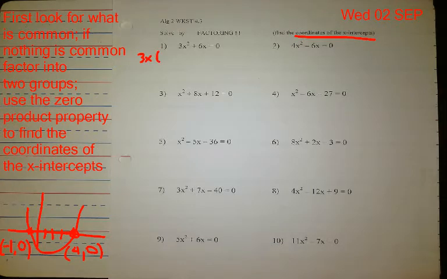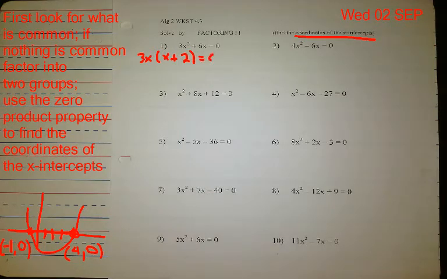Now that just means I'm dividing by 3, so that makes the 3 go away. And I'm dividing by x, so that takes one of these x's. So that leaves me with x plus, here 6 divided by 3 is 2, and then I took the x out, so that is what's left.